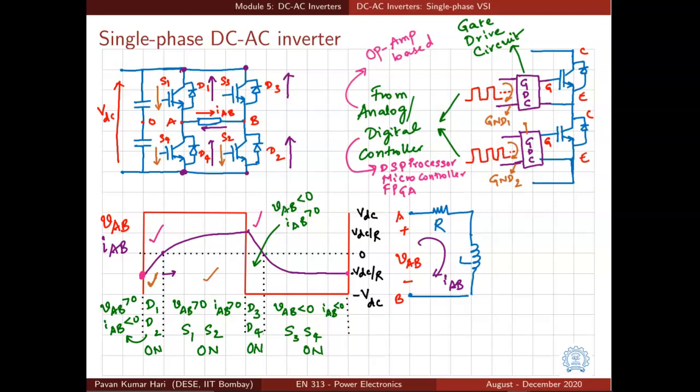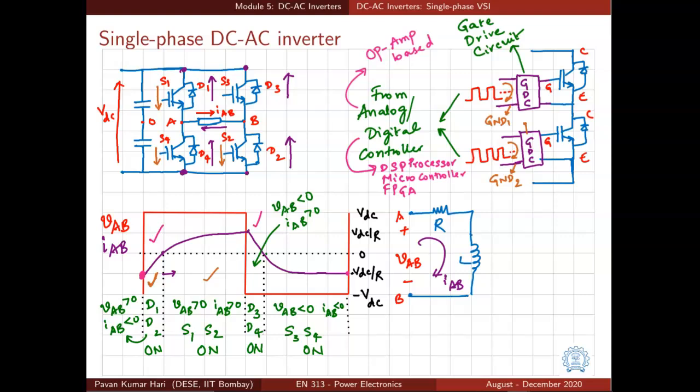Over the past decade or so, digital controllers have become more popular. So we have DSP processors, microcontrollers, and FPGAs, field programmable gate arrays. These processors can be programmed in embedded C or VHDL, and you have a sine wave generation function that can be defined, and a triangular wave generation, and those two can be compared within the processor itself.